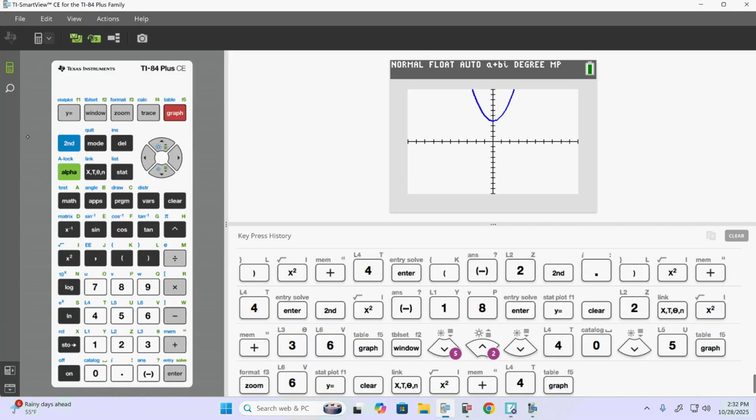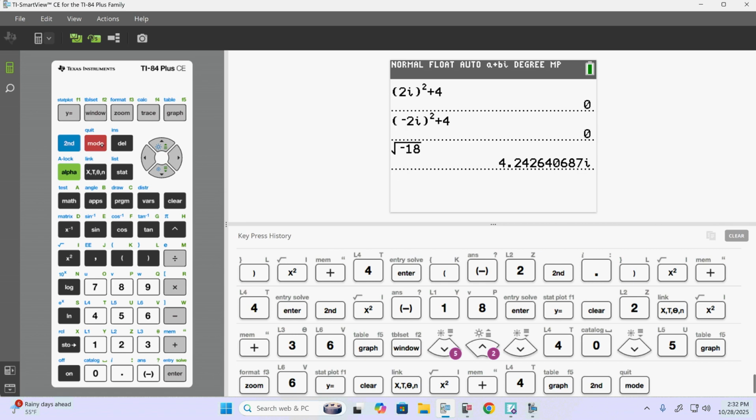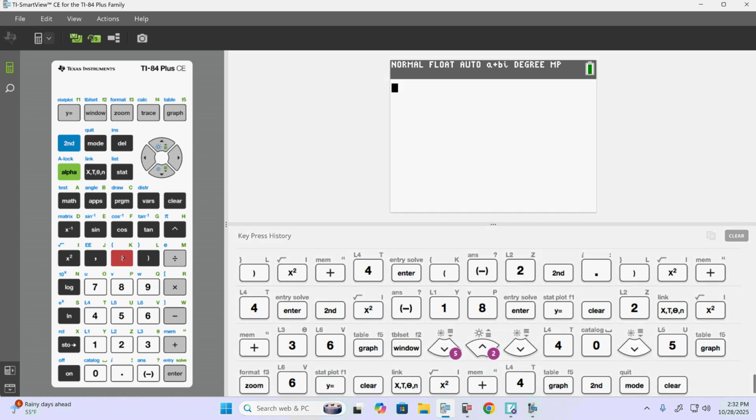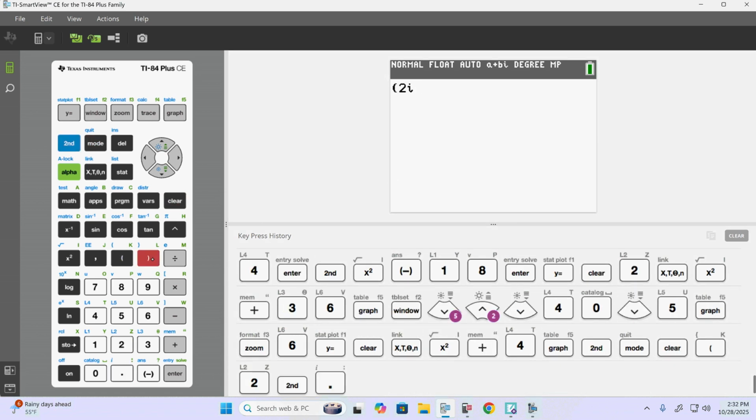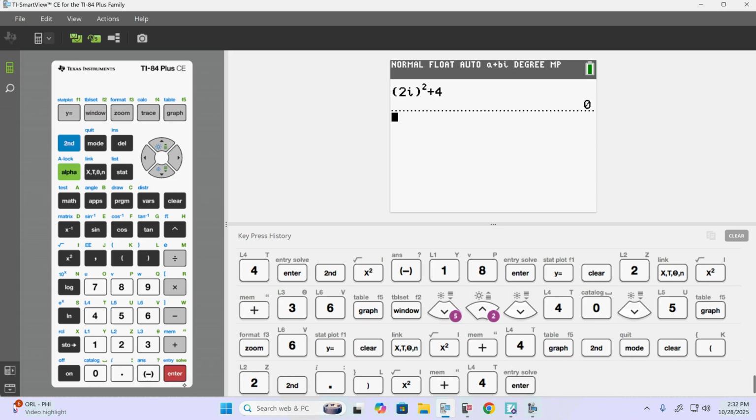Now we could check it. We can grab the graphing calculator, save and quit, and type parentheses 2i squared plus 4. Because all I've done is replace x with our solution, 2i, yes? And what should this equal? Well, 0. That's what the equation equaled, yes? And this tells us that it is indeed 0.